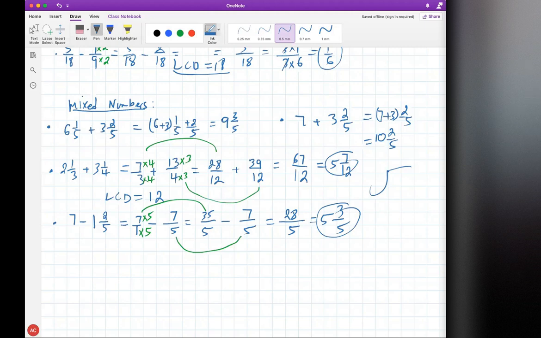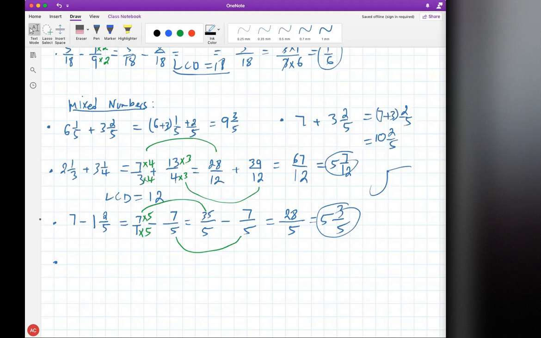Maybe with the addition of mixed numbers and whole numbers, you could probably find a quicker way. But again, if you're not sure about it, feel free to use the conversion here. So that's subtraction of a whole number and a mixed number.